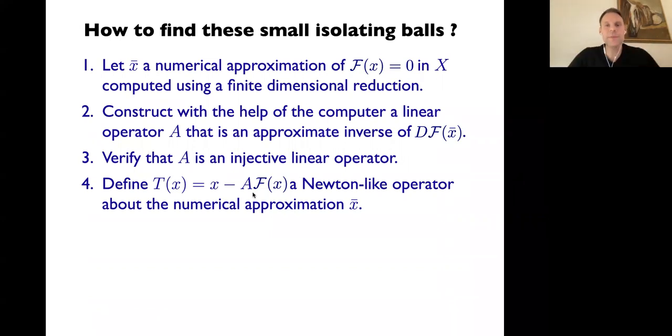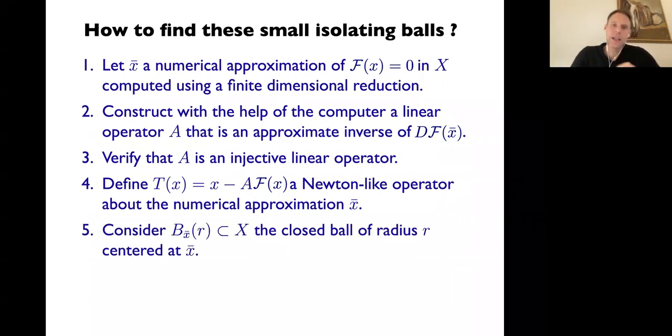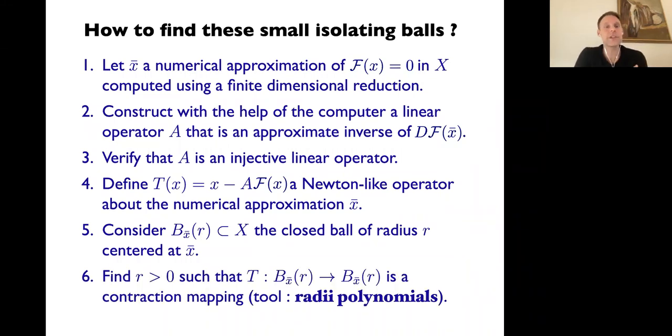So the fourth step is to define a Newton-like operator. And then we consider a ball of radius r centered at the numerical solution. Keep in mind, x bar is the numerical solution, and the radius is a priori unknown and is what we're going to solve for. The goal is to find a positive radius, so basically the ball about the numerical solution such that T, the Newton-like operator, is a contraction.